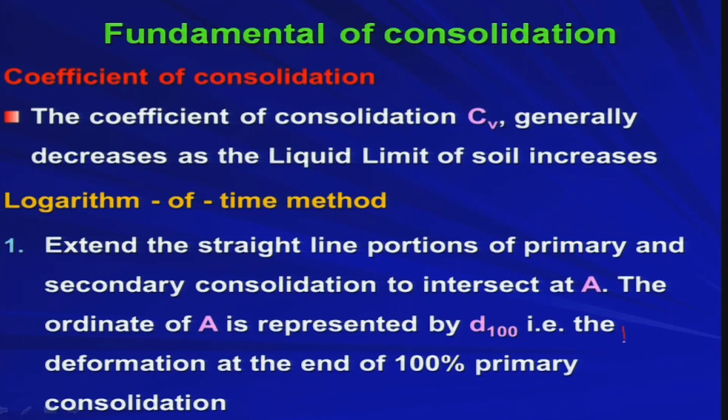You might remember you have the e-log sigma prime curve. So, basically you are getting something like that, this is your primary part and this is your secondary part, you extend this part and this is the point, say A.